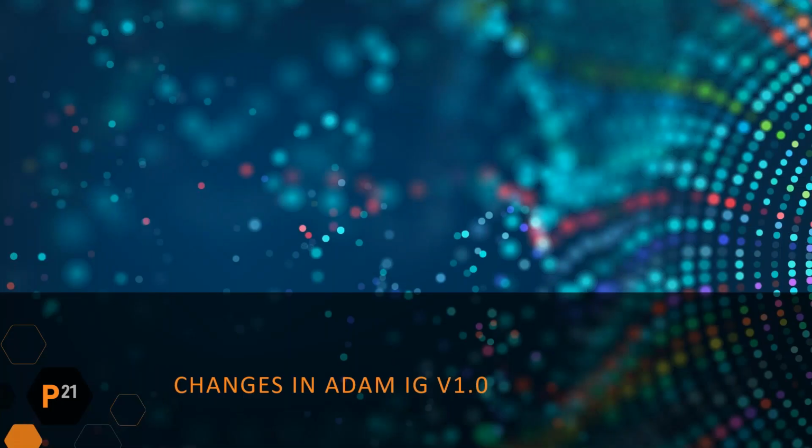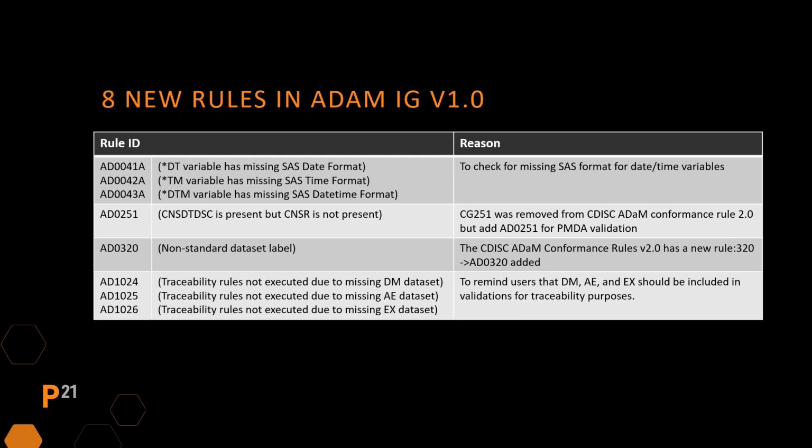Okay, so now let me explain what changed in ADaM-IG version 1.0. There are 8 rules that are new.